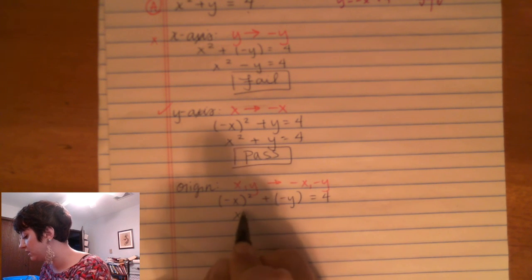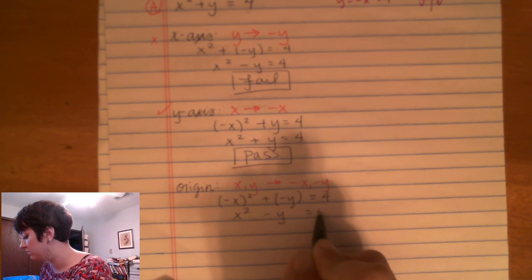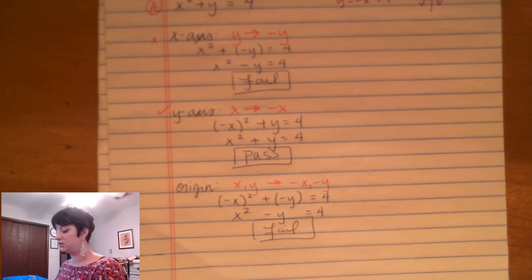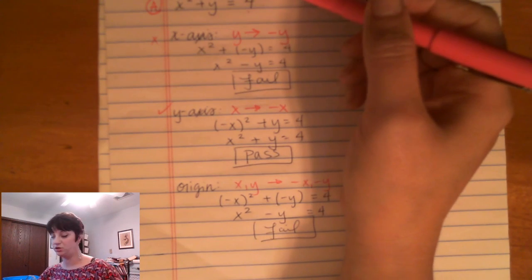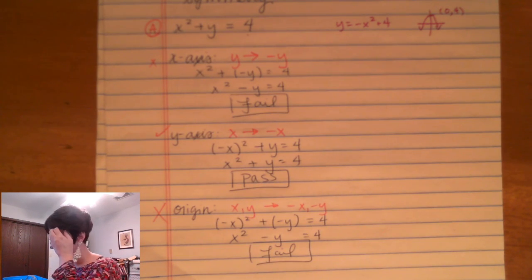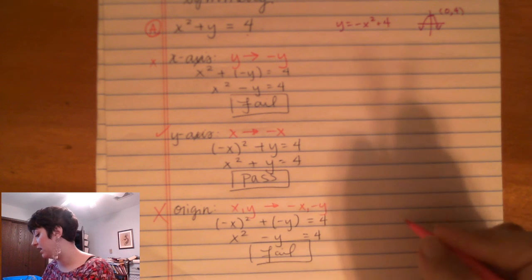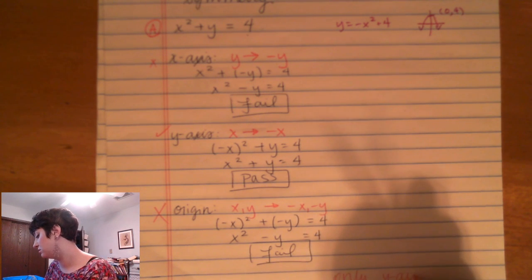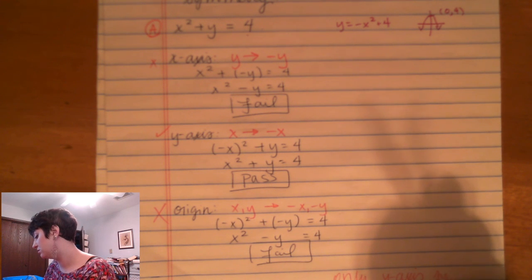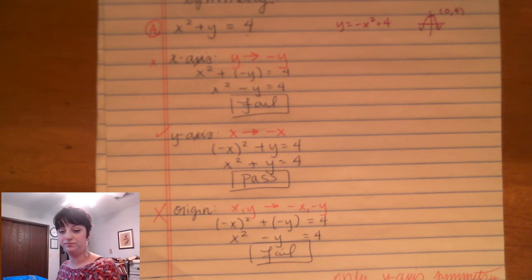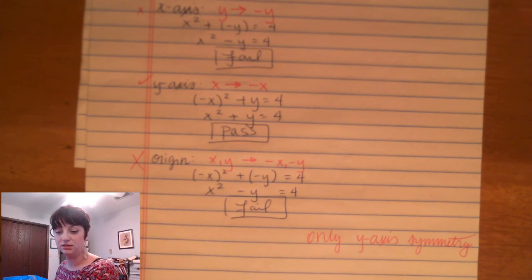That gives me x squared minus y equals 4, which is again a fail because it is not the same equation I started with up here. All right, so this one has only y-axis symmetry. Only y-axis symmetry.